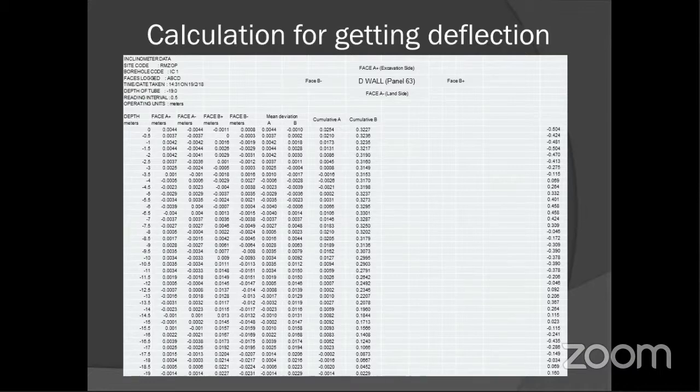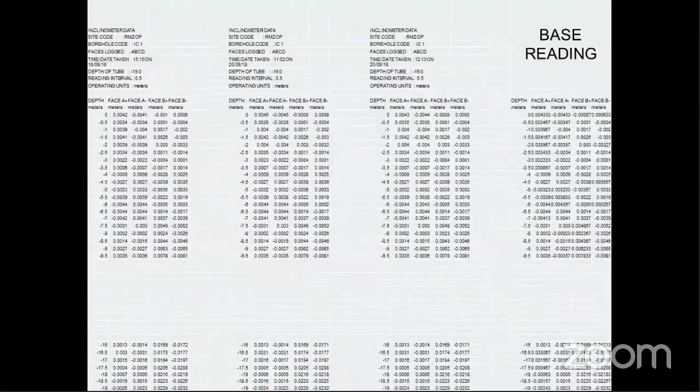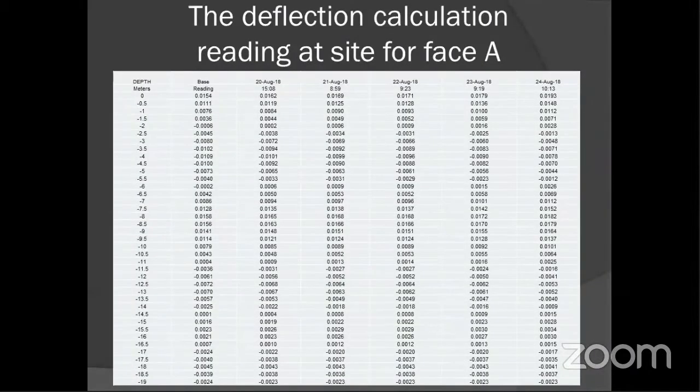the readings. After the readings, there are the daily readings and base readings. As I said, the first readings will be the base reading, and based on the base readings only. This is the base reading. Next day, after excavation, you will see some deflection and some changes. We can see daily changes, because its least count is very minimal, so we can see a maximum number of changes.